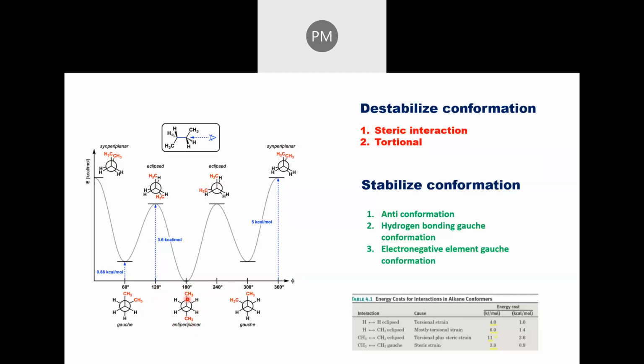So the stabilized conformation will be our anti-conformation. But if there is any possibility of hydrogen bonding, then there will be one electronegative group attached with the hydrogen and another electronegative group, like two OH groups in these positions, OH and OH.